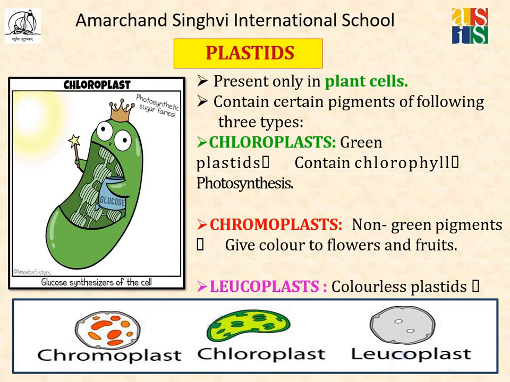Chromoplasts are the plastids which contain non-green pigment. The pigment present in them can be red, pink or orange, and these different pigments give color to flowers and fruits. Tomatoes are red in color because the chromoplast in them contains red pigment. Leucoplasts are the colorless plastids.